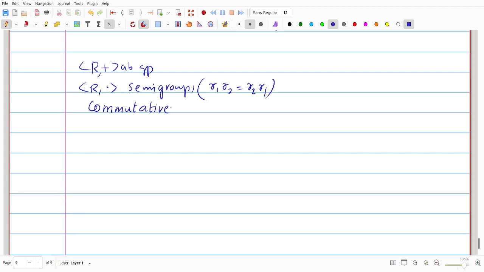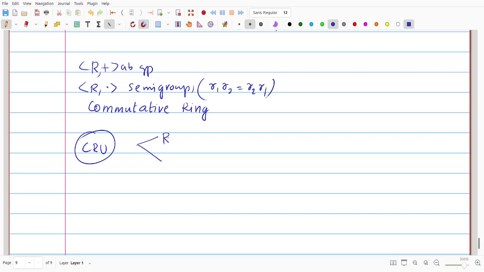This is the definition of commutative ring. So commutative ring is nothing but a ring in which multiplication is commutative. Suppose a commutative ring contains unity, then that ring is called a commutative ring with unity. Okay. So if you write commutative ring with unity, then we have this much axioms.